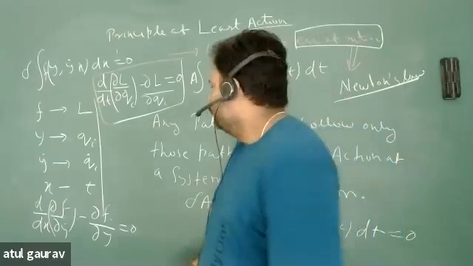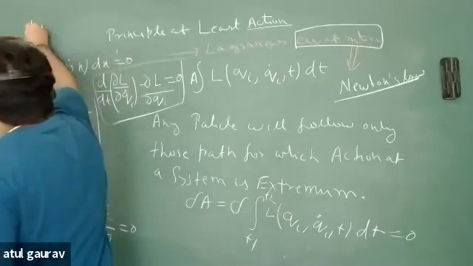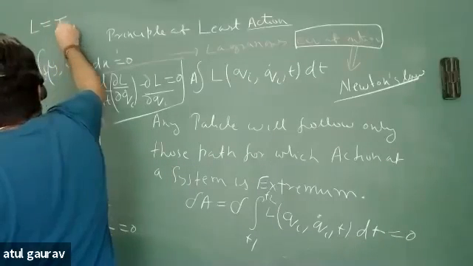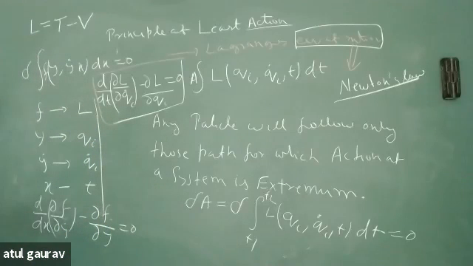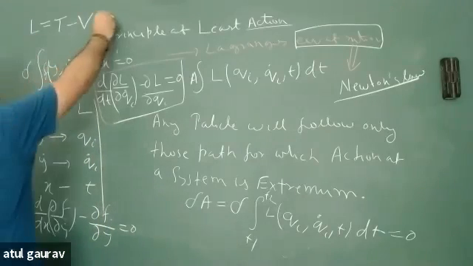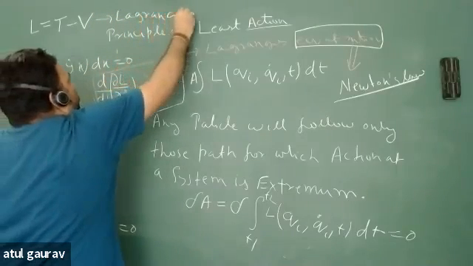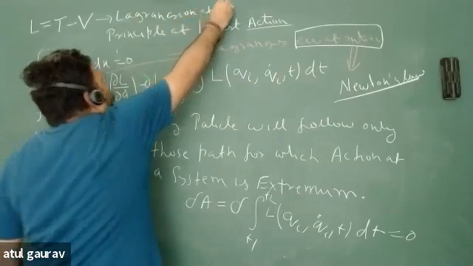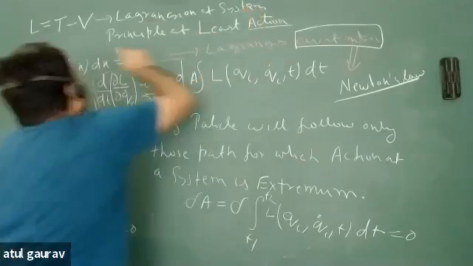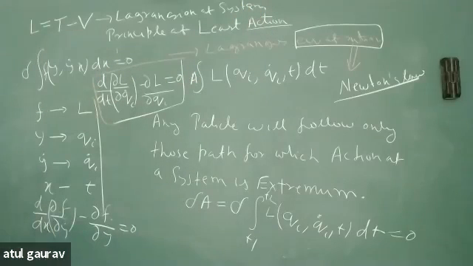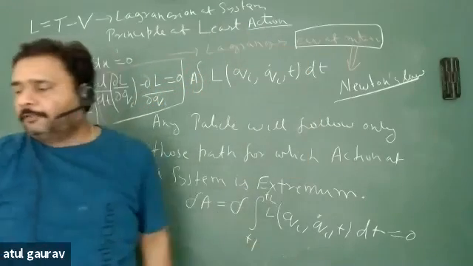The form of L is very famous, identified as kinetic energy minus potential energy of a system, and this is known as the Lagrangian of a system. If L is not of the form kinetic energy minus potential energy, then this equation will not act like Newton's law.